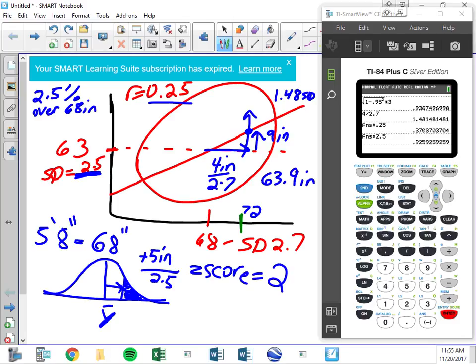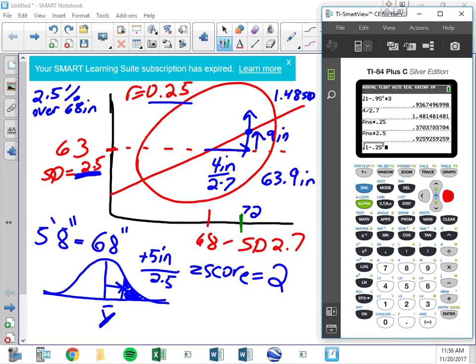How about that? So, now what do we do? The new SD is the RMS error. So the RMS error in this case is the square root of 1 minus 0.25 squared, times the original SD of 2.5.